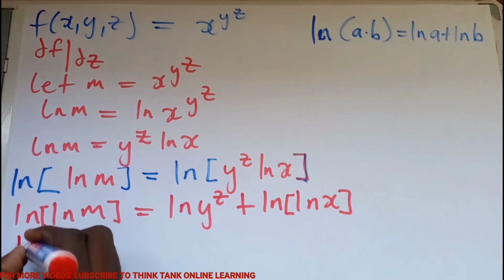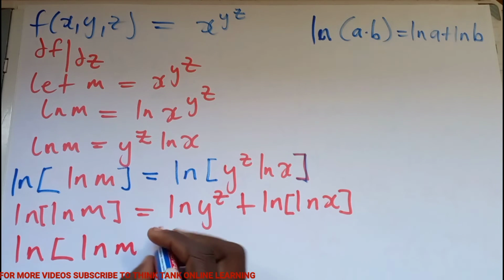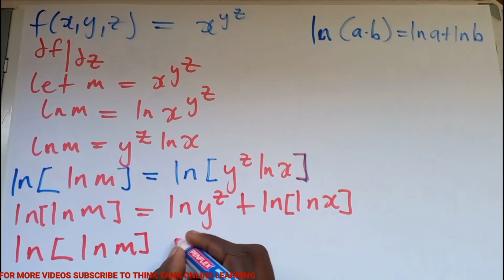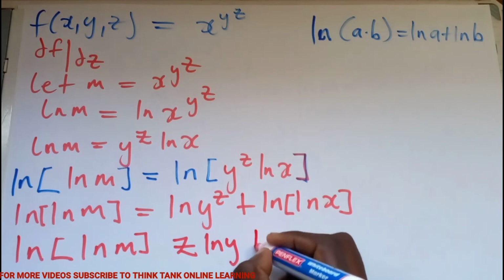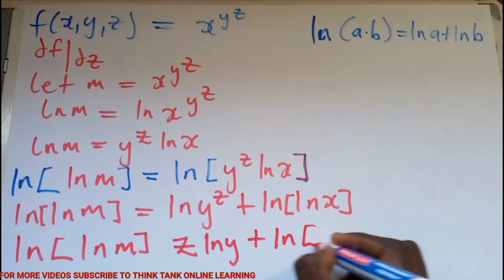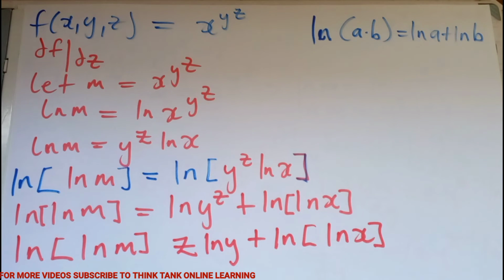I'm going to have ln m equal to z ln y plus ln x. Okay, there's an equal sign here, and now we're good.